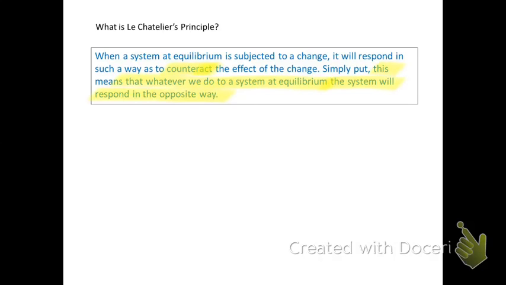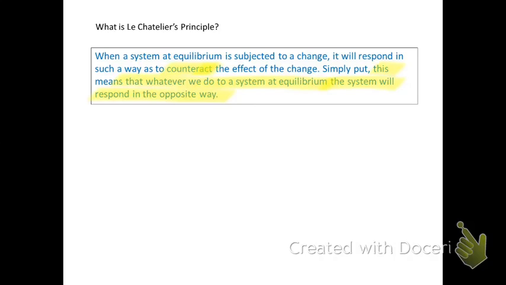So what we're referring to is basically this idea. If I add a reactant to an equilibrium situation, then the reaction will try to eliminate that reactant. If I remove reactant, then the equilibrium will respond by creating more reactant.